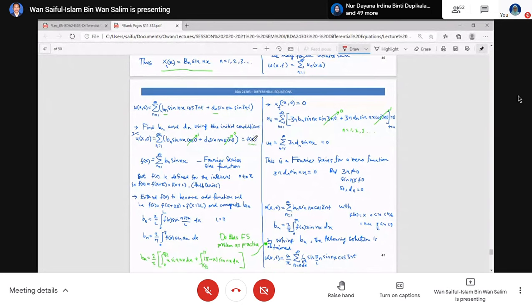If you substitute t equals 0 into this solution, we have b sub n sine nx times cosine 0, which is 1, plus d sub n sine nx times sine 0, which is 0. So this becomes 1 and this becomes 0, and we have the function u x at 0 using the first initial condition. We have just b sub n sine nx. That is the first condition.